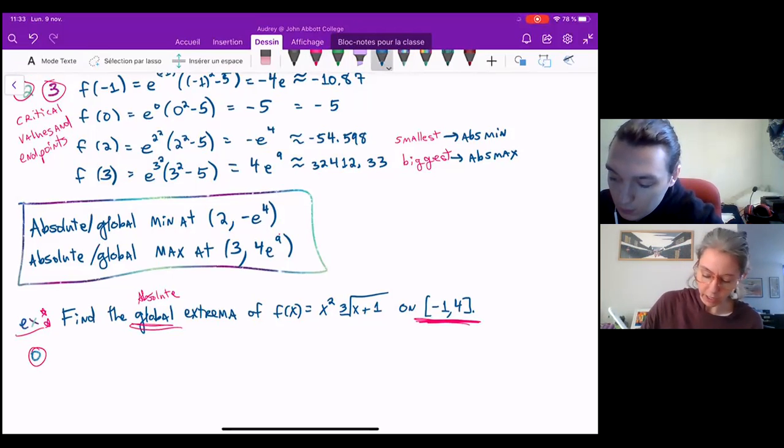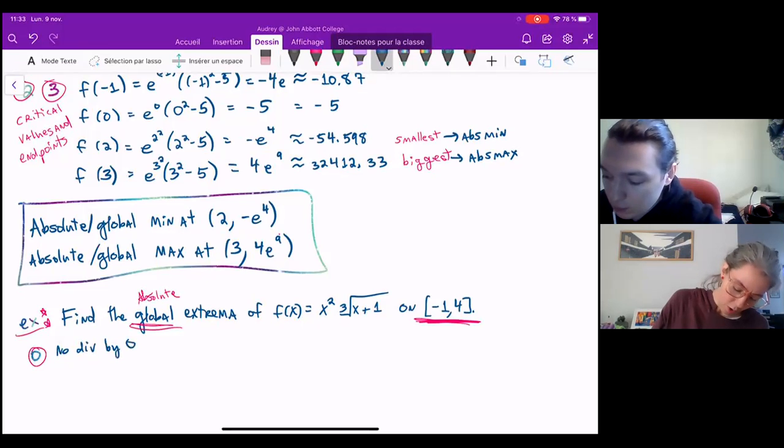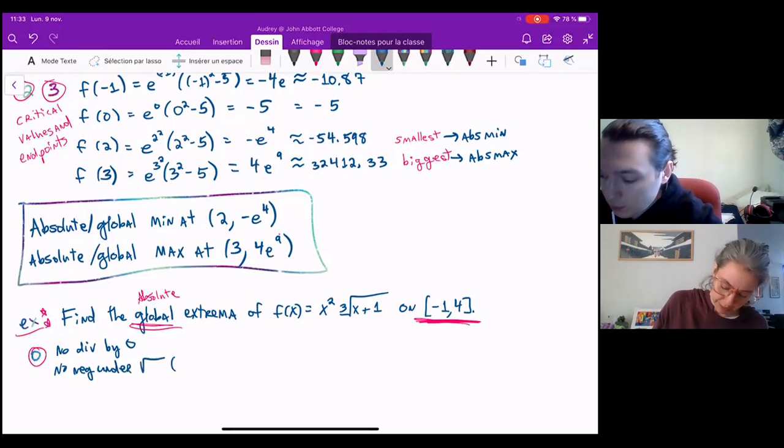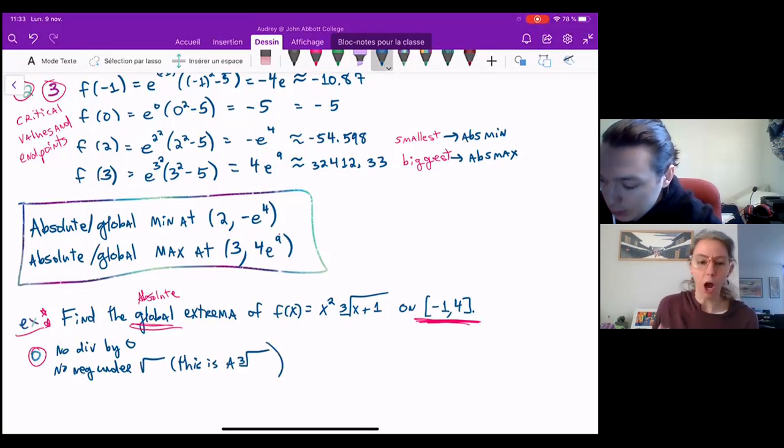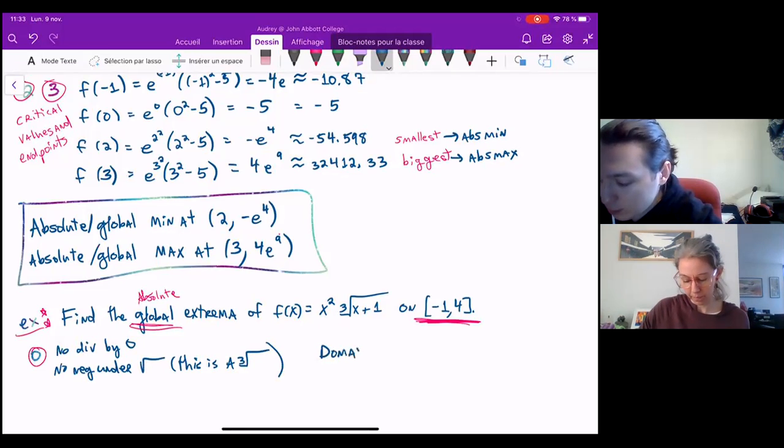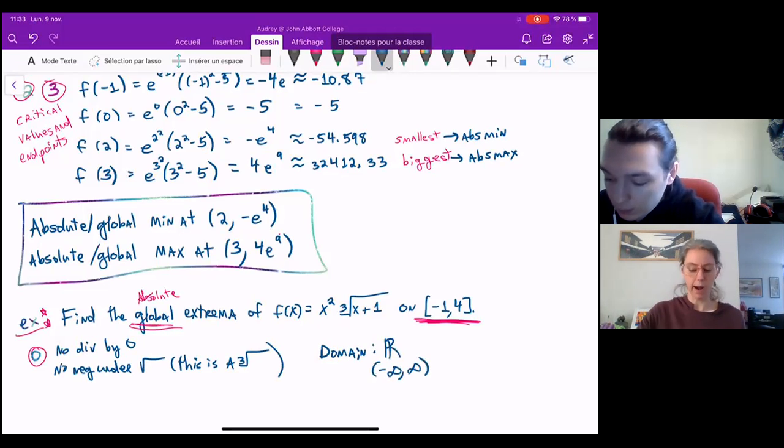So there is no division by 0 and no negatives under a square root. We saw in the first problem we did today that we can have the cubed root of a negative number. That's okay. So here the domain is all real numbers, or negative infinity to infinity, however you want to write it.